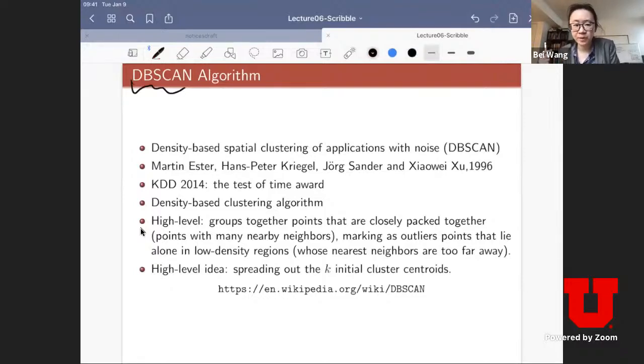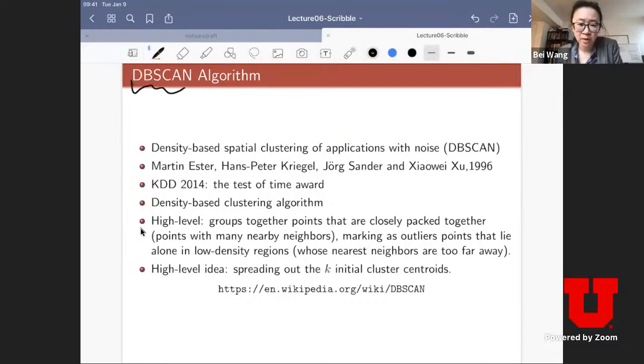The high-level idea is that you group together points that are closely packed together, right? So when points have many nearby neighbors, you group them together. And then you mark points as outliers that lie alone in a low density region. Basically, outliers are those points whose nearest neighbor is too far away.